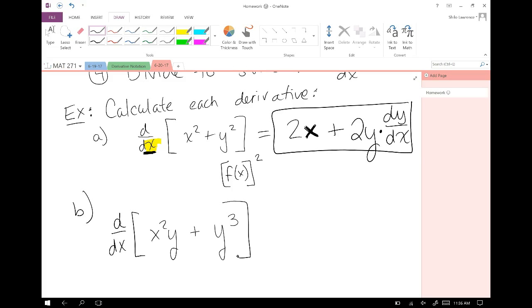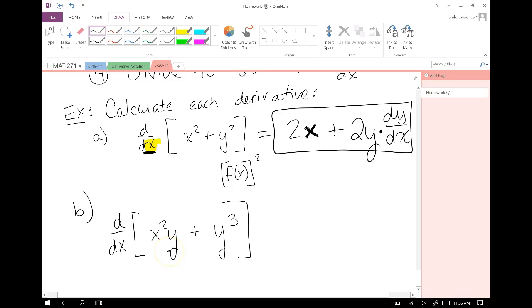X squared times y. When we do the derivative of it, y is a function of x. So I've got x squared times a function of x, and we want to do the derivative.